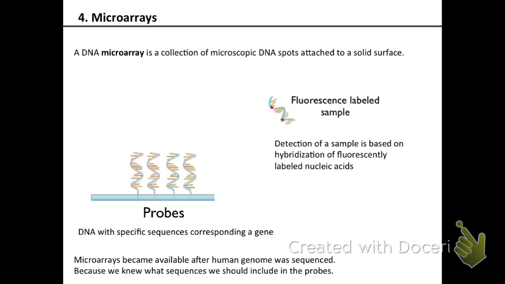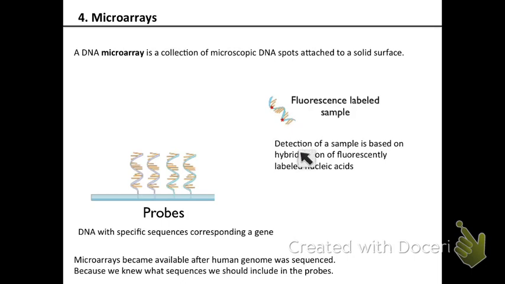How do you measure gene expression? Measuring gene expression is, again, exactly the same principle as northern blot or in situ hybridization. You make a labeled probe that's going to go and hybridize due to its complementary sequence to a specific DNA on the glass slide, on the microarray, right? So what you're going to do is you're going to have a fluorescently labeled sample.